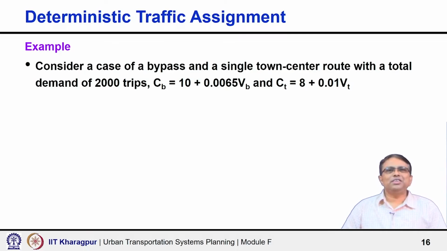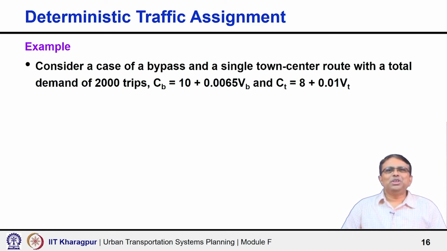You can clearly see here the zero-flow travel time is less along the town route, which is normally the shorter, but the sensitivity is much higher. As the volume increases, the travel time increases by 0.01 for every unit increase in volume, whereas the bypass route is a longer one, but maybe a high capacity route.